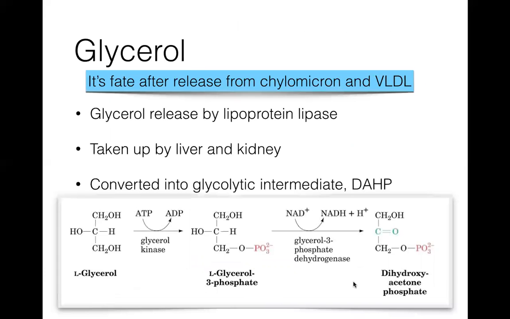After the release from chylomicron and VLDL, as you will see later on, it is taken up by two organs, namely the liver and kidney, where, as you can see in this illustration, glycerol is converted into dihydroxyacetone phosphate, an intermediate in glycolysis, as well as gluconeogenesis. So glycerol actually participates in glycolysis and gluconeogenesis in the liver and in the kidney.